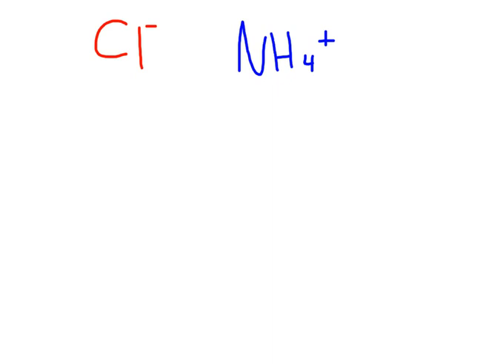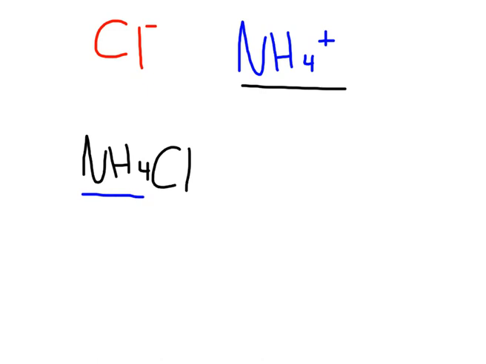Now this one's a little different because we've got a cation that's a polyatomic ion this time, so that one's going to have to go first. So let's put it up. We still have a 1-to-1 ratio. NH4Cl. What is the name? Well, we'll start here. That, of course, according to your chart, is ammonium.